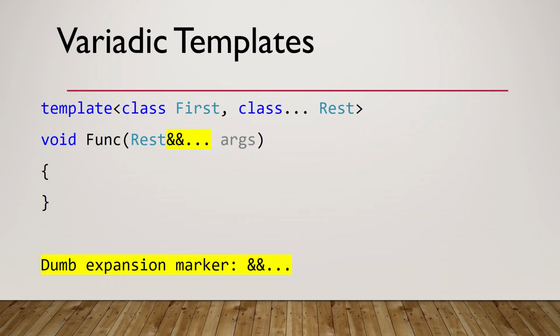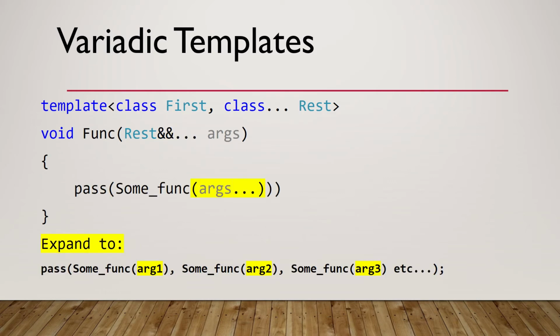Now come down to the function itself with name func. Use Rest type for all the arguments that this function may receive. The double ampersand and ellipsis symbol after the type is called the expansion marker, which means to pick one argument from args at a time.